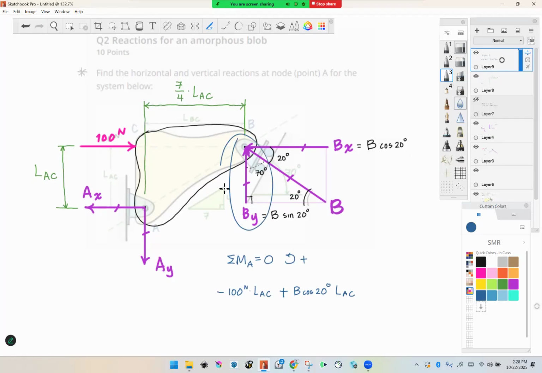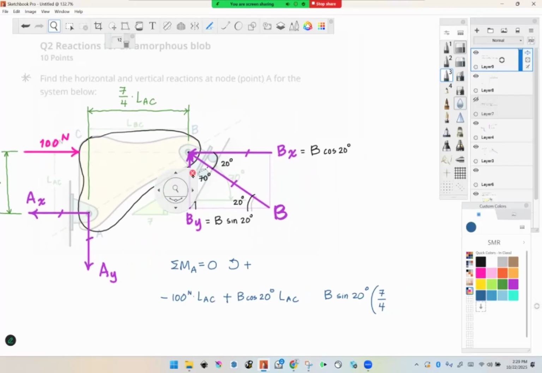Last term, I'm going to do B sub Y. So I'll write that out as B sine 20. Okay, and its moment arm is 7/4 LAC.